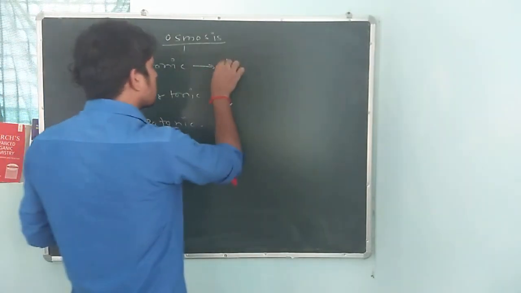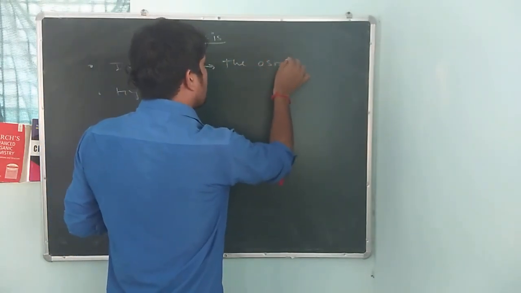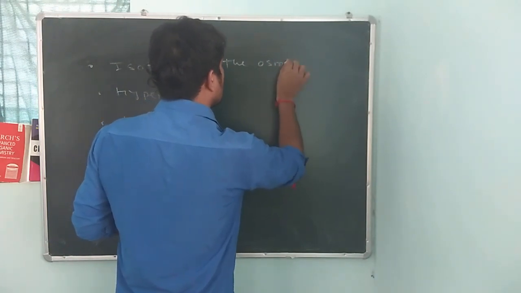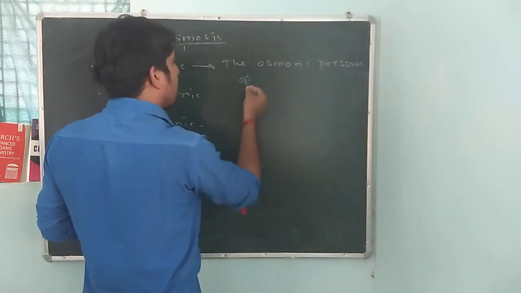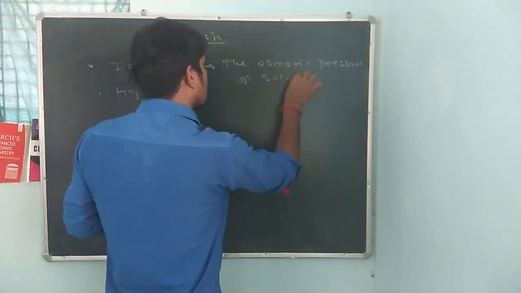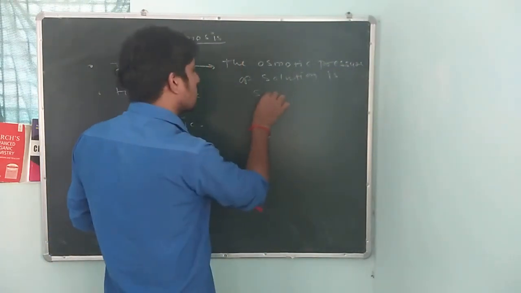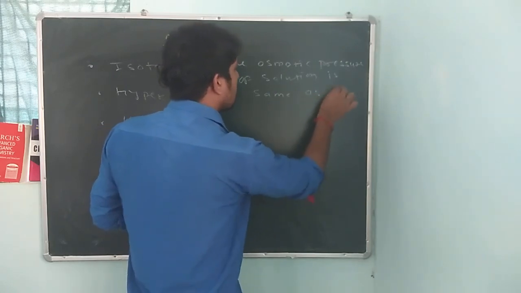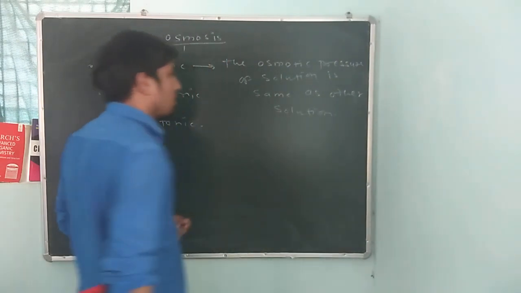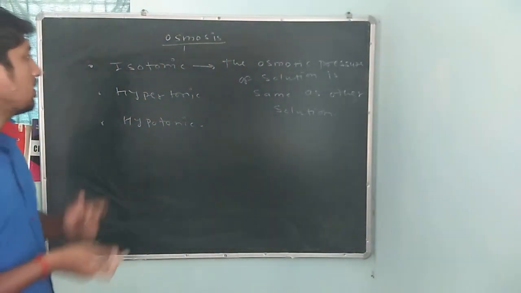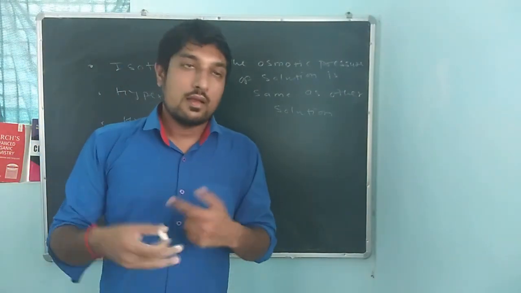When the osmotic pressure of a solution is the same as the other solution, it is called isotonic.